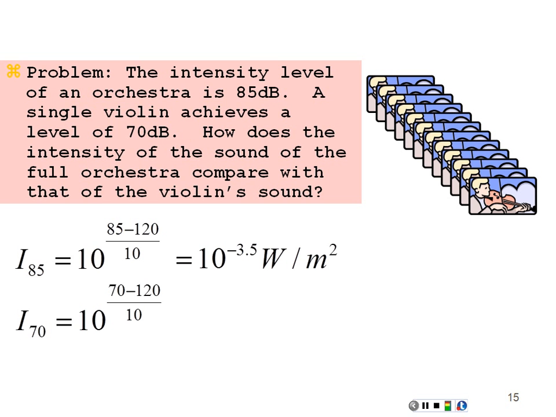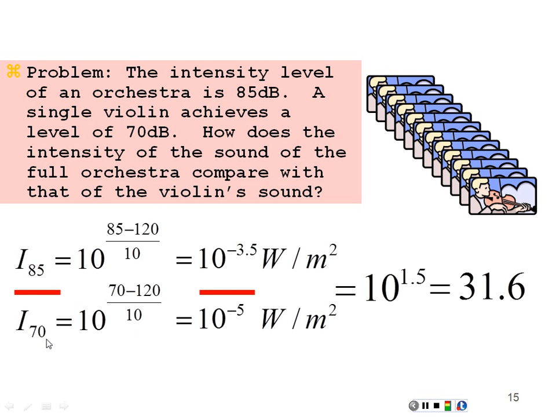Now if I look at the intensity of the single violin at 70 decibels, that's going to be 10 to the (70 minus 120) over 10, or 10 to the minus 5 watts per meter squared. If I took the ratio of these, the intensity of the full orchestra to the violin will be 10 to the minus 3.5 over 10 to the minus 5, which will give me 10 to the 1.5 power, which is 31.6.